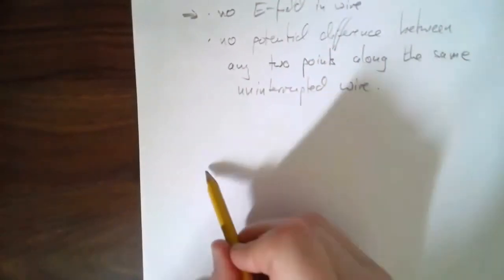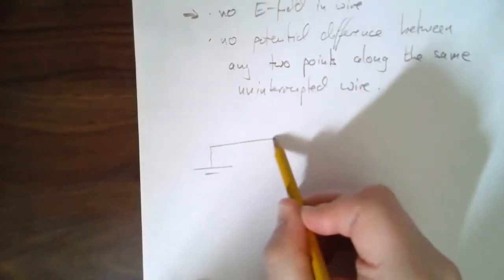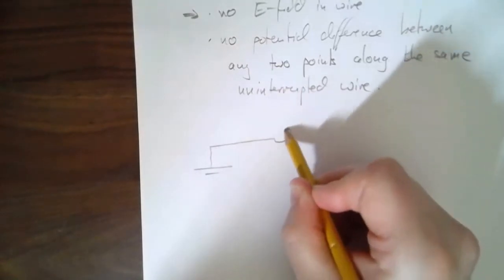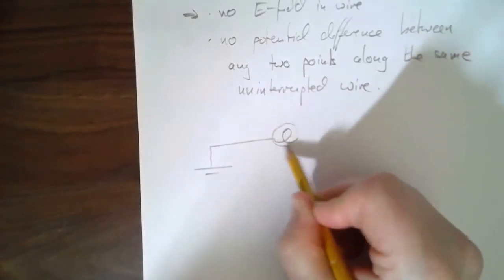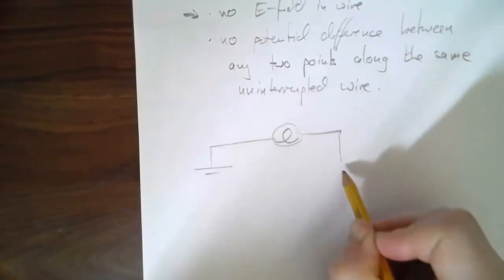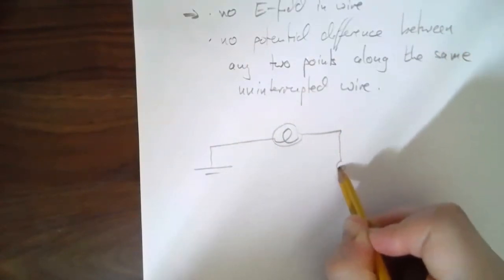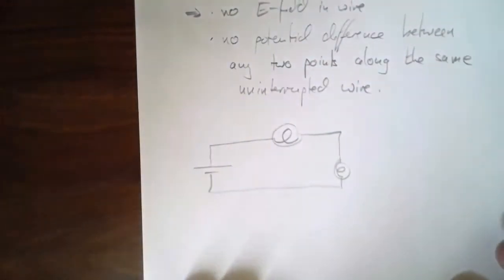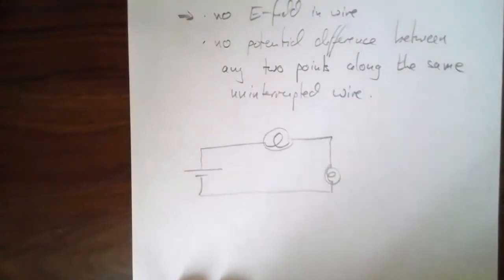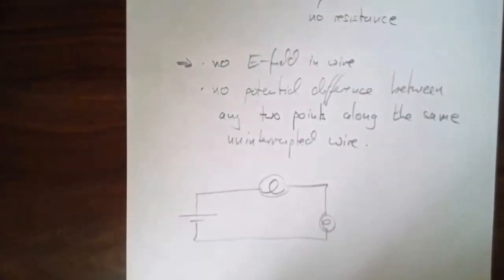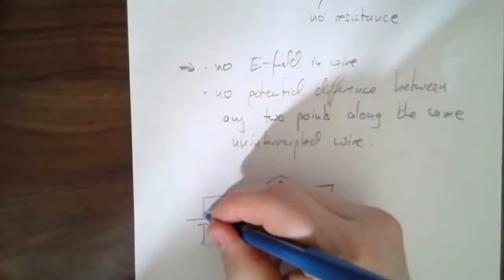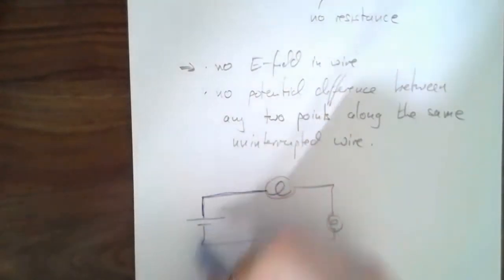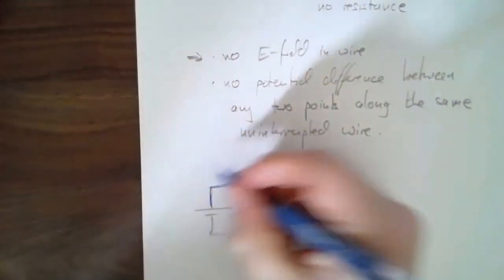So let me draw another example just to illustrate this. Here's a battery. Let's say here's a light bulb. Right, here is another light bulb, and this one goes back here. So what I'm saying is that this whole area here, it's just wires. You don't go through anything else that has 1 voltage.